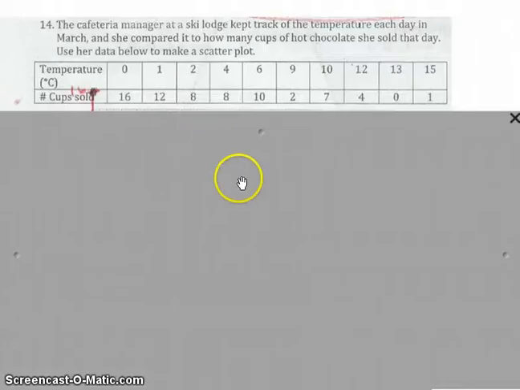The next question, 14, is one that I know gave some of you a lot of trouble. I'm not going to read the paragraph here. I'm just going to remind you they've given you a table of numbers. You should think about which is probably the x and which is probably the y.